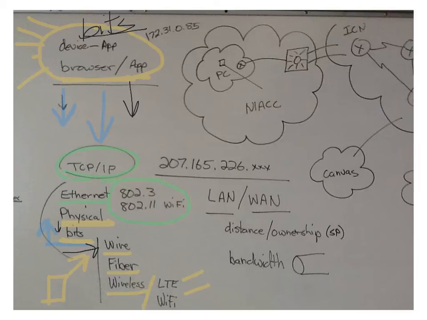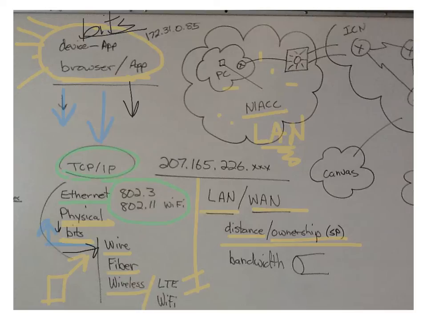So, let's take a look here. Local area network, wide area network. Usually the distance, the geographical area, and ownership typically distinguishes those. So here at NIACC, we have a LAN, local area network. All the dorms and all that can be connected here at NIACC.